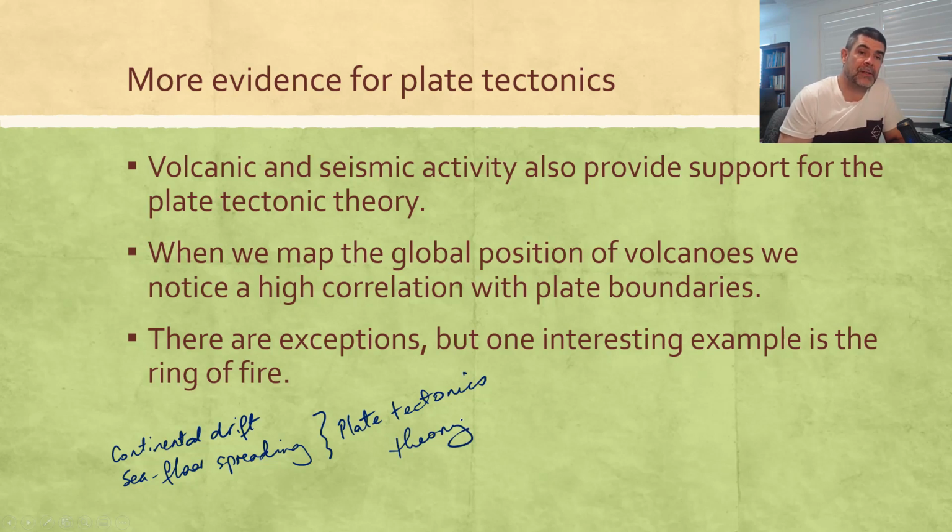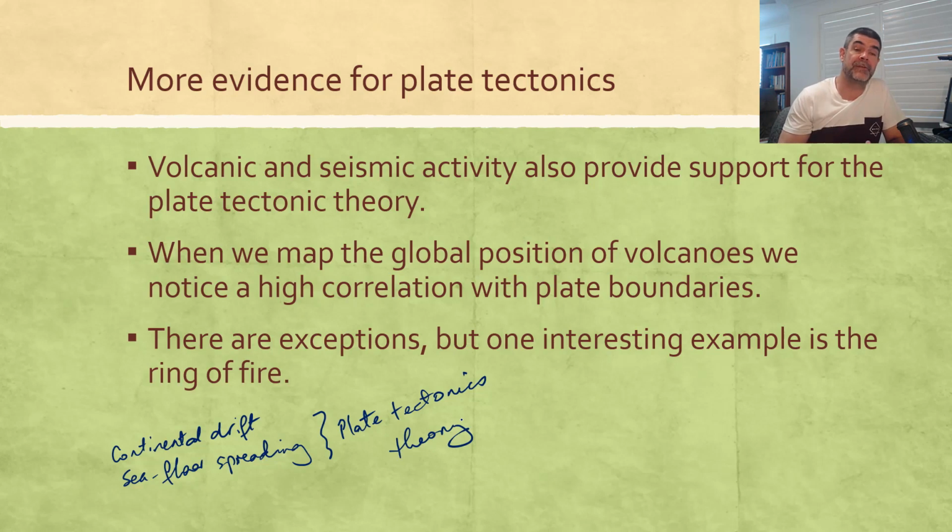But there's additional evidence or additional observations that we can make that help us to provide even more evidence for this idea of the Earth's lithosphere being split into different plates that move relative to one another.